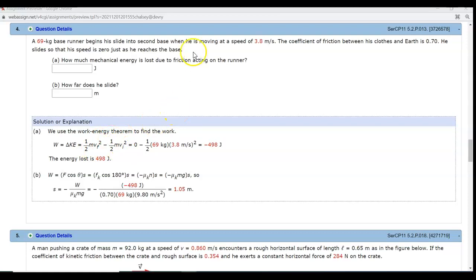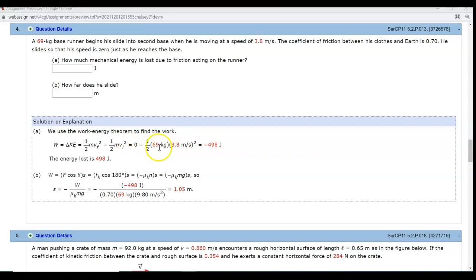His initial velocity, he begins his slide at 3.8. Final velocity, however, is 0. So we end up with negative 1/2 mv squared. And we're solving for the work, so we don't have to change the equation.